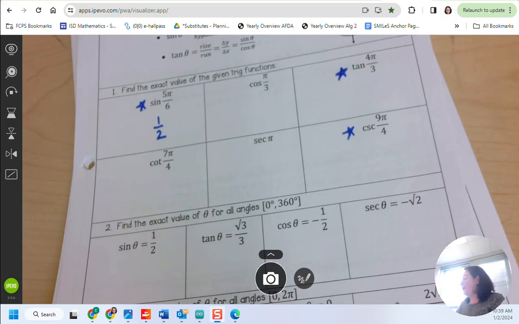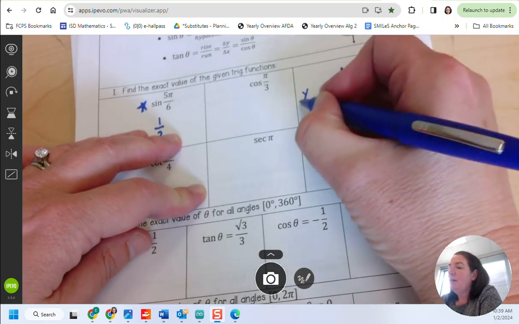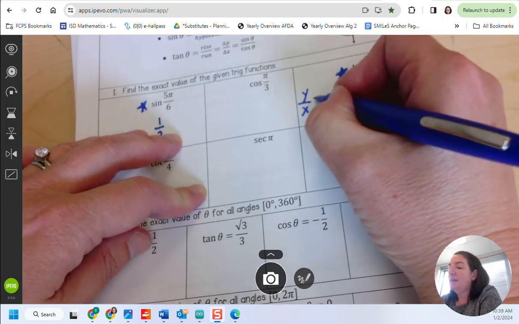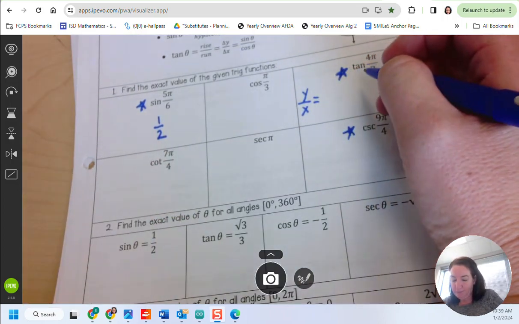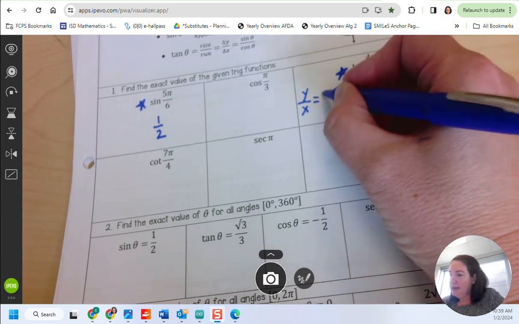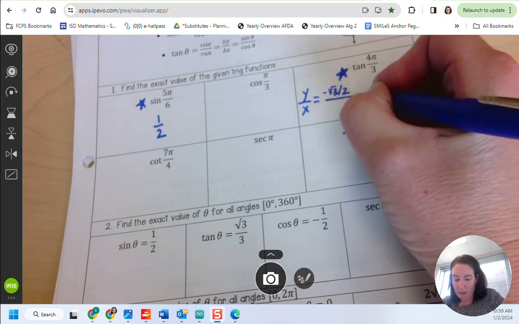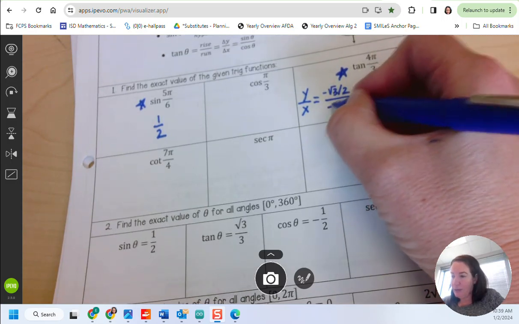Tangent of 4 pi over 3. So find 4 pi over 3. Okay. Tangent, remember, is y over x. So we're going to make that ratio negative root 3 over 2 divided by negative 1/2.